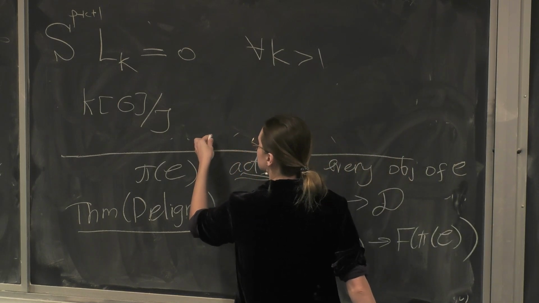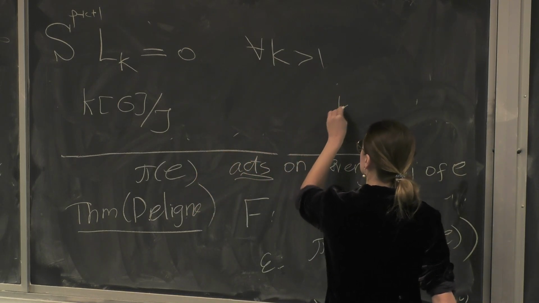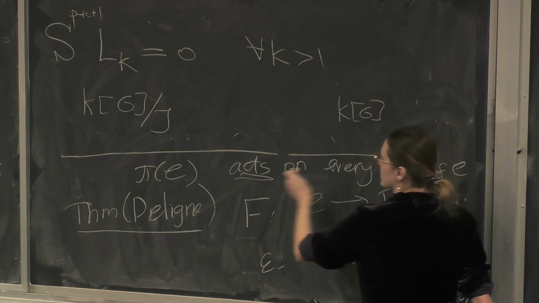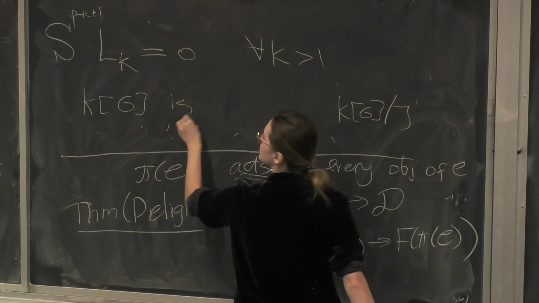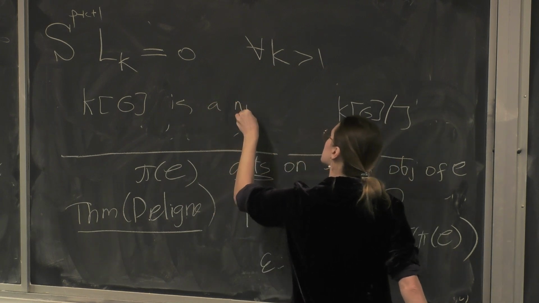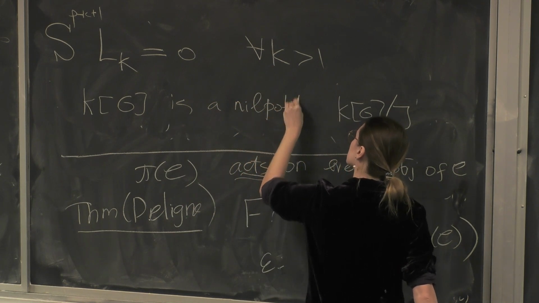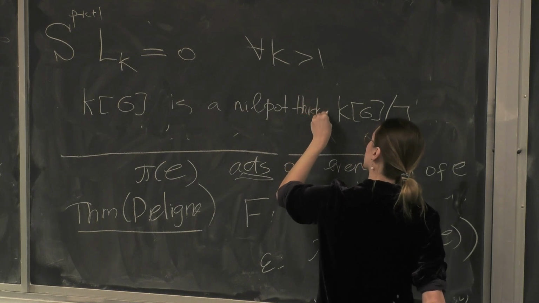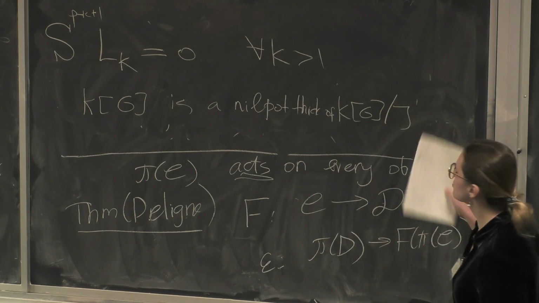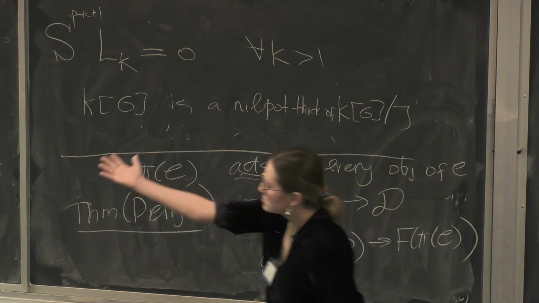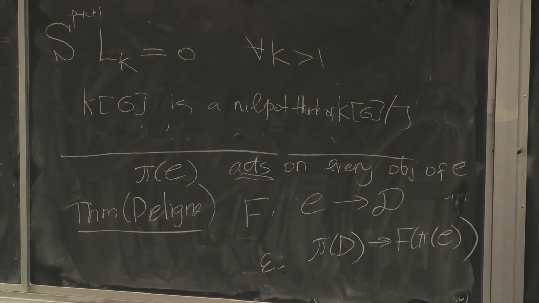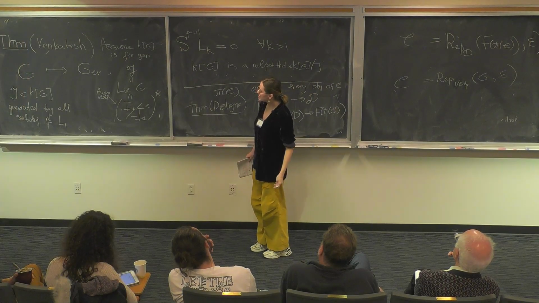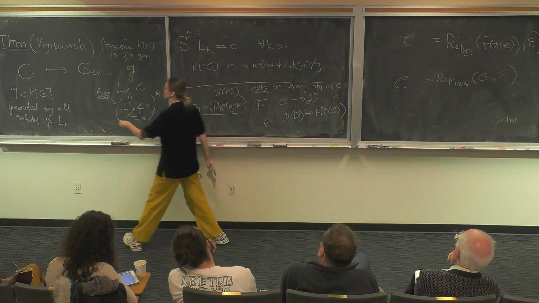And on the other hand, the actual K of G is a nilpotent thickening of K of G modulo J. So J is ideally generated by some nilpotent elements. So those are two things we can assign to a group scheme.